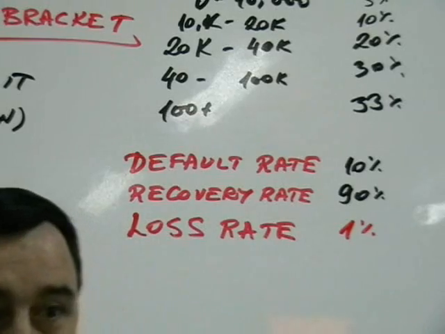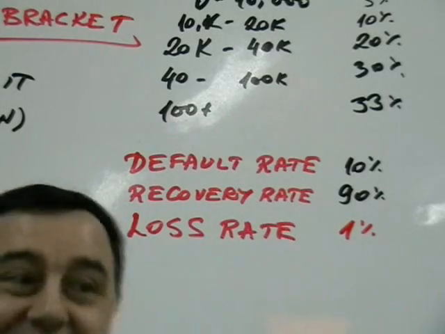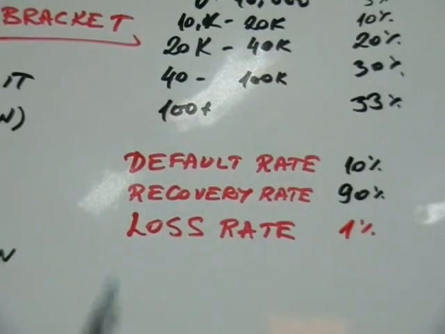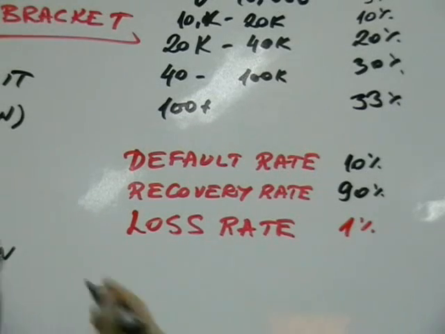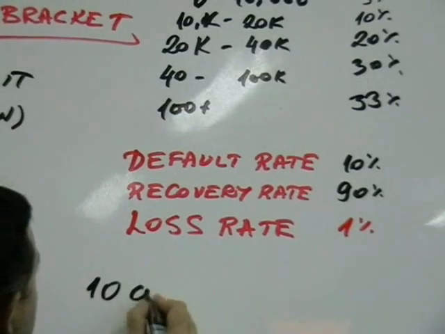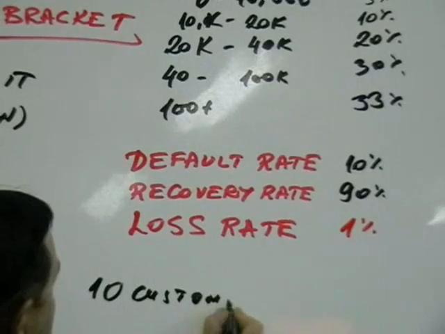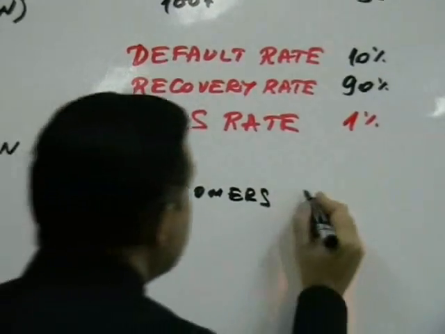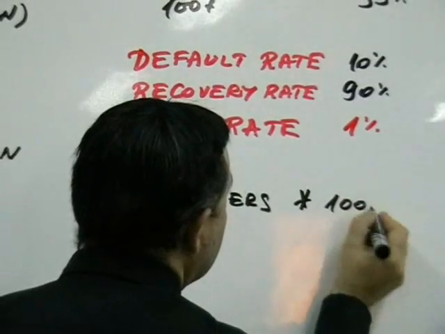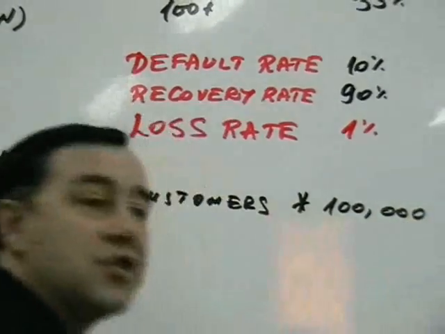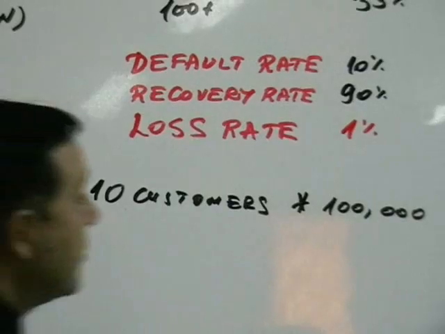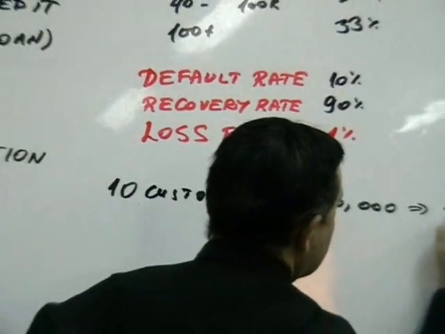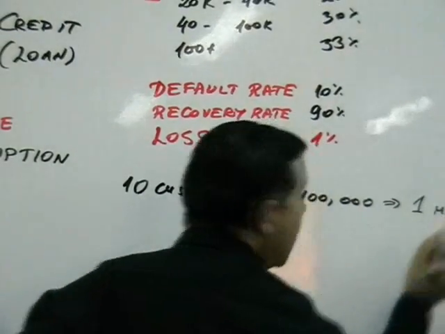Only 1%. Let's do the math, right? We need to do the math. Suppose the following happens. 10 customers, and each will have a 100,000 mortgage. The total amount is 1 million.